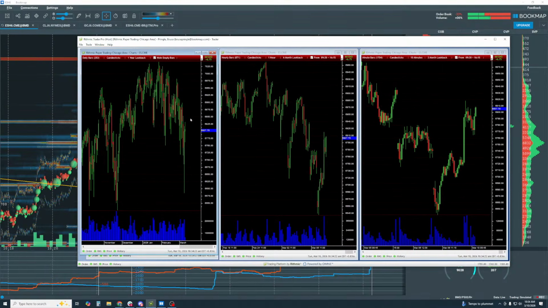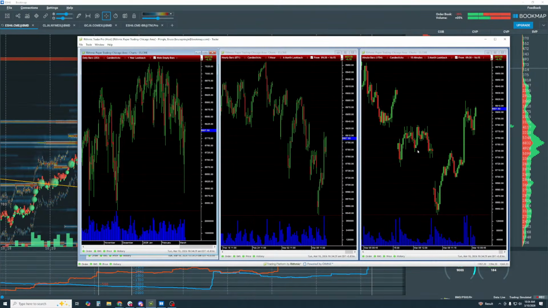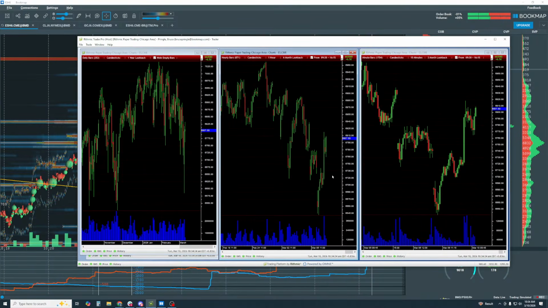Let's take a look at the price action today and then the hourly and the 15-minute. Okay, so we gapped down again. I'm sorry, this was yesterday.